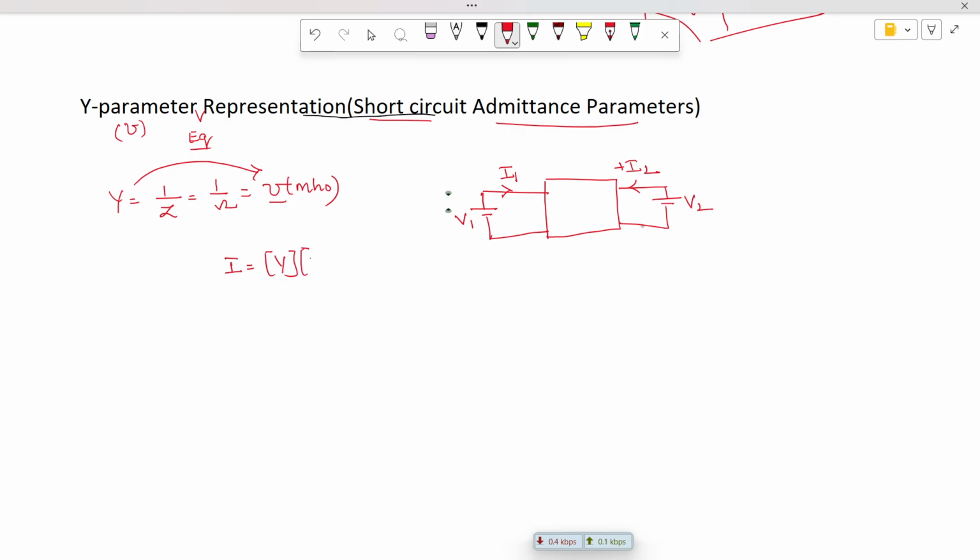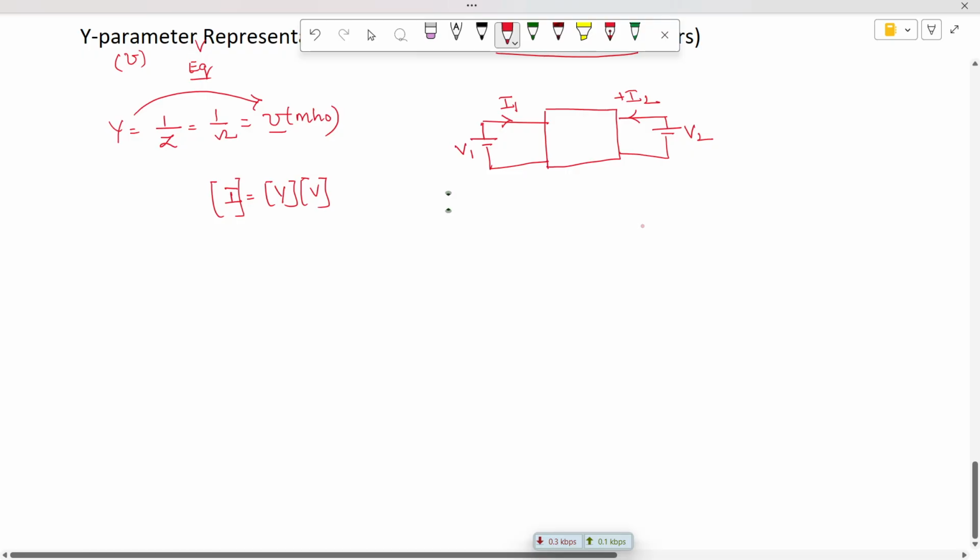If you understand this matrix completely, you can understand it very clearly: I is equal to VY. How many currents are there? Current I1 and next current I2.